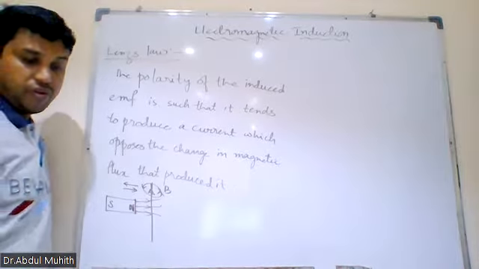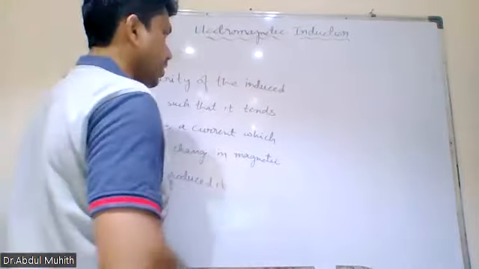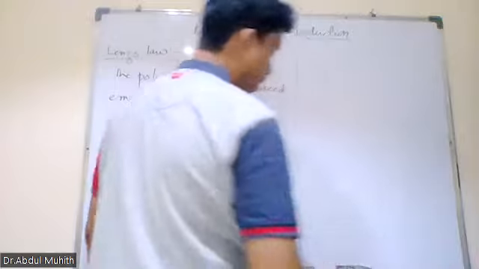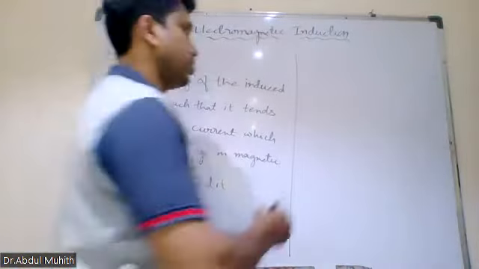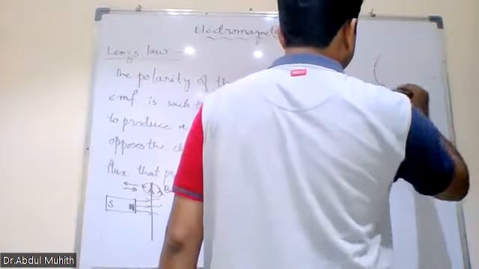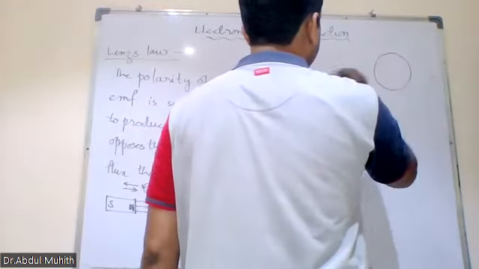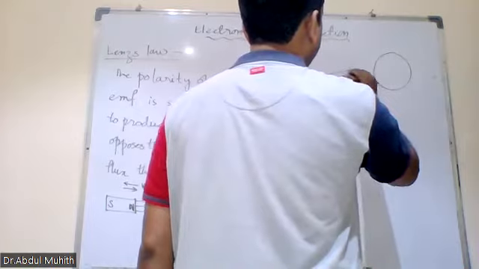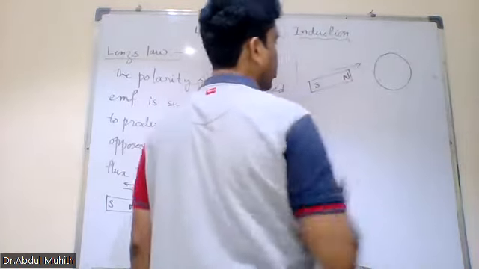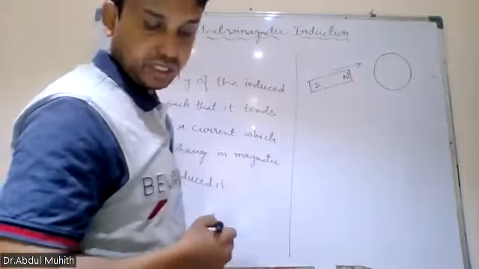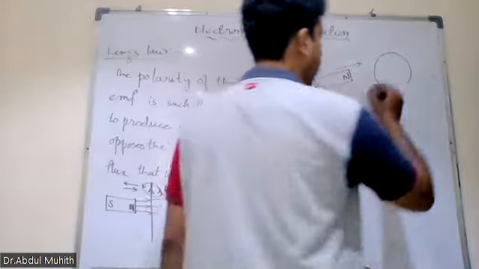Now after that, he gave the direction. So what happens if there is a coil? Suppose there is a coil here, and a magnet with North Pole and South Pole. This magnet is moving towards the coil. So what is happening now?